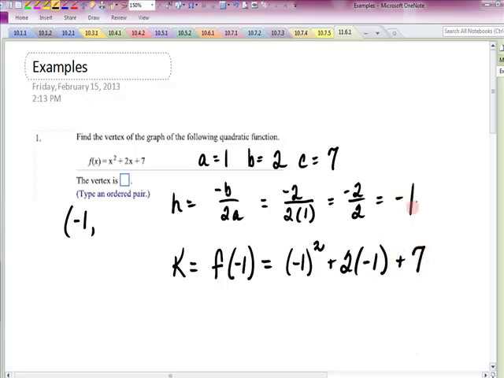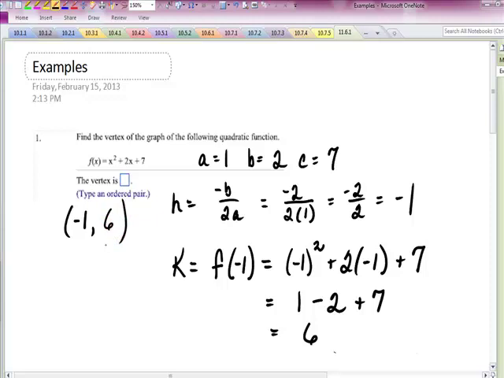I took this negative 1, put it in for x and squared it. I put it in for x and multiplied it by 2, and then I'm going to add 7. Negative 1 squared gives me 1. 2 times negative 1 is minus 2, plus 7. That is 6. The vertex is negative 1, 6.